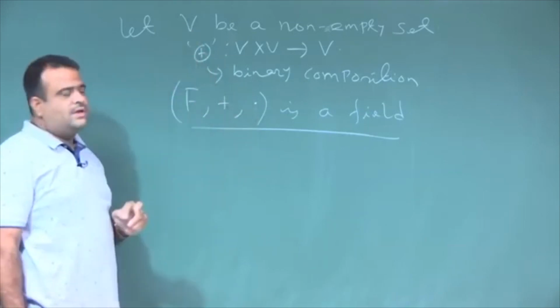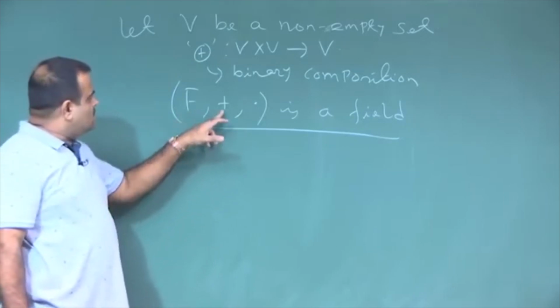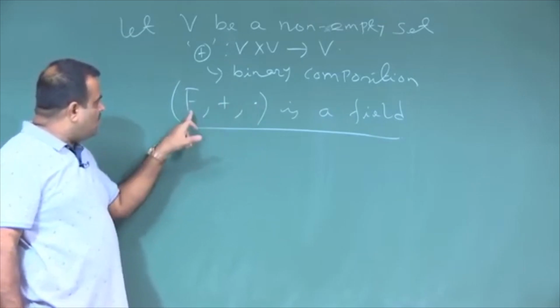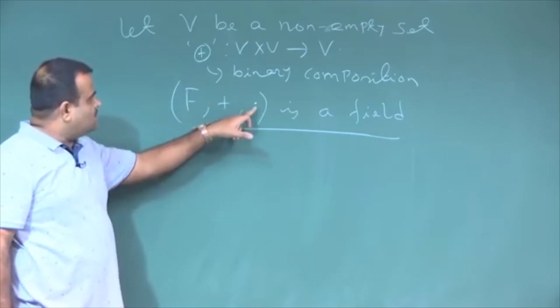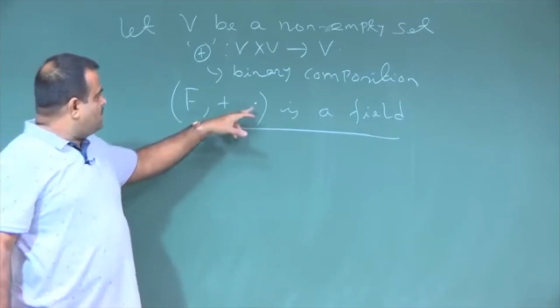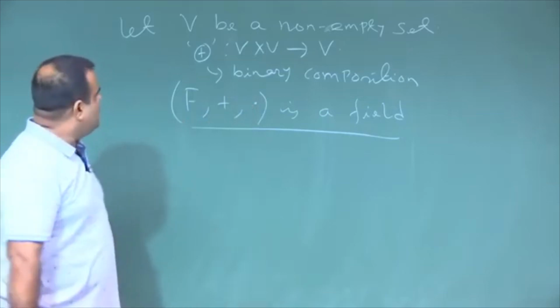We know the definition of the field: it forms an abelian group with plus, the nonzero elements (0 being the additive identity) form another abelian group with dot, and we have the distributive law between dot and plus. So, those properties are there for the field.